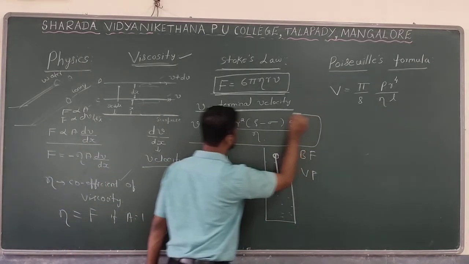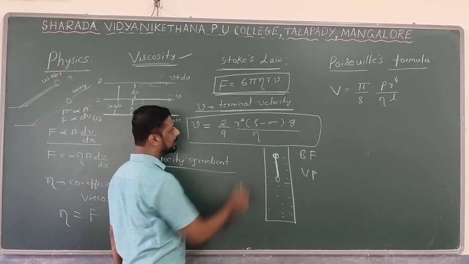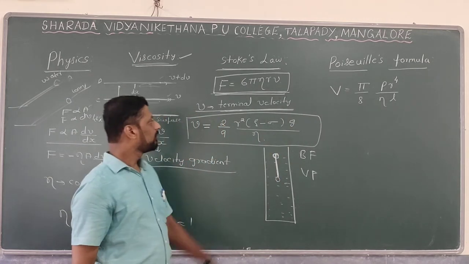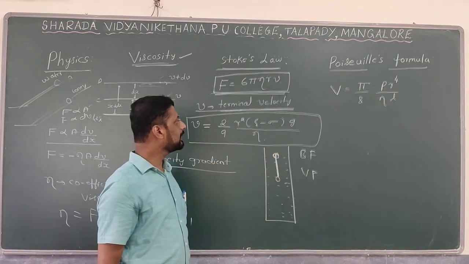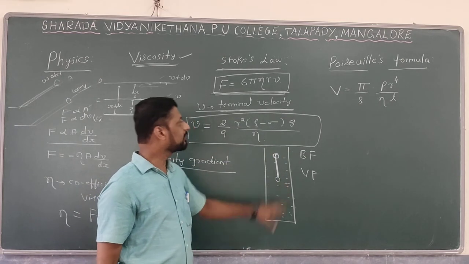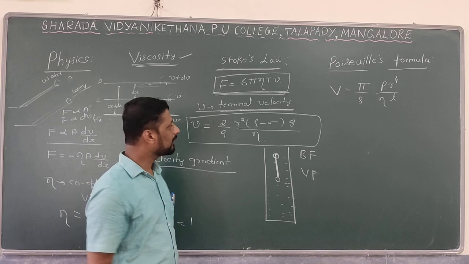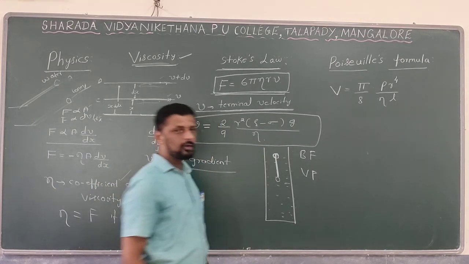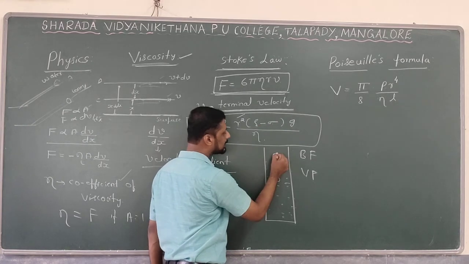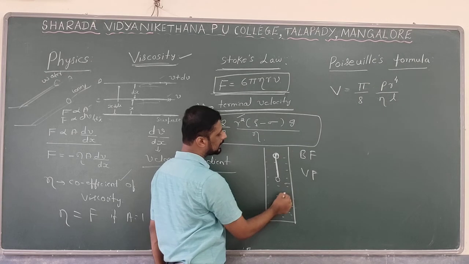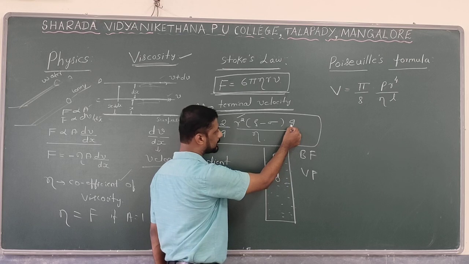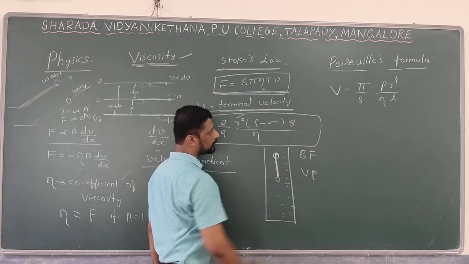Terminal velocity is given by V is equal to 2 by 9 into R square into (rho minus sigma) into g divided by eta, where R is the radius of the metal sphere, rho is the density of the metal sphere, sigma is the density of the liquid, g is the acceleration due to gravity, and eta is the coefficient of viscosity.